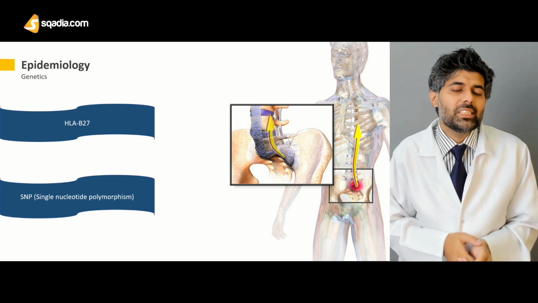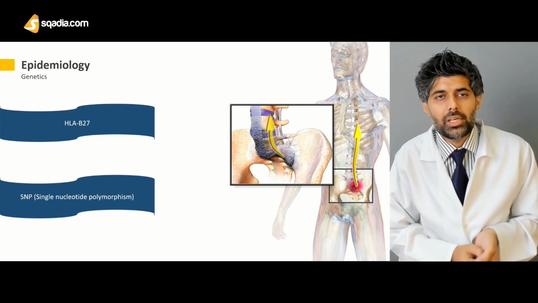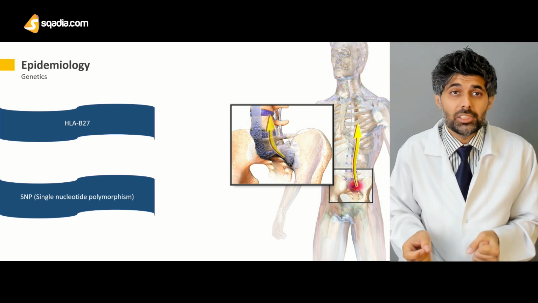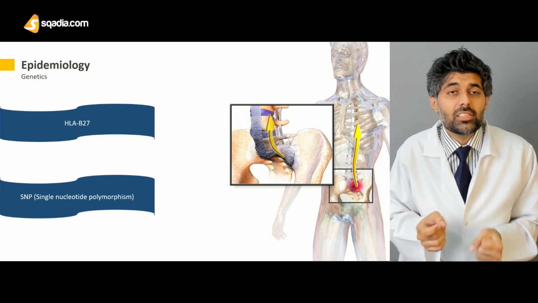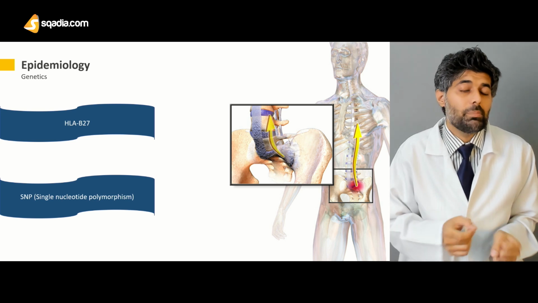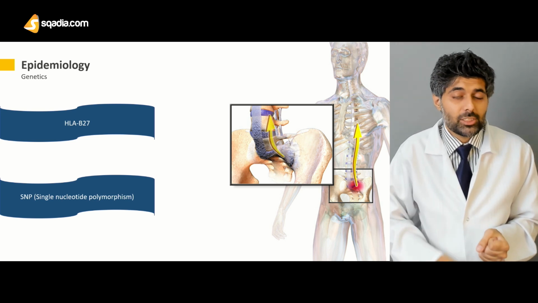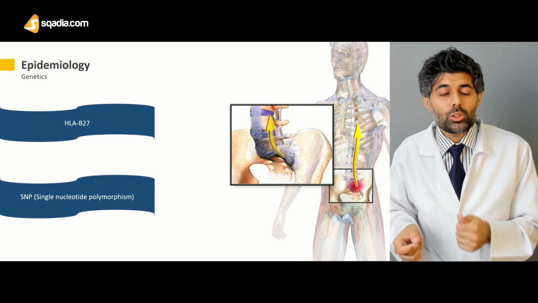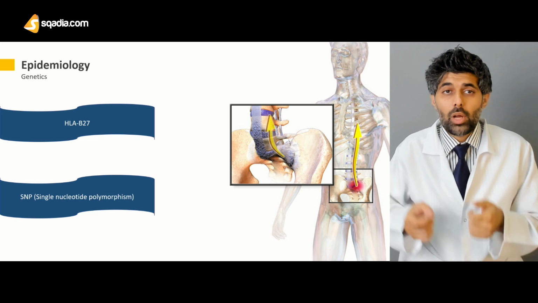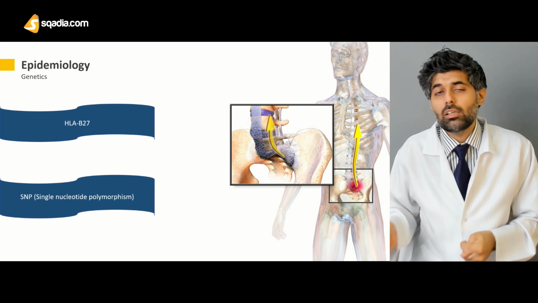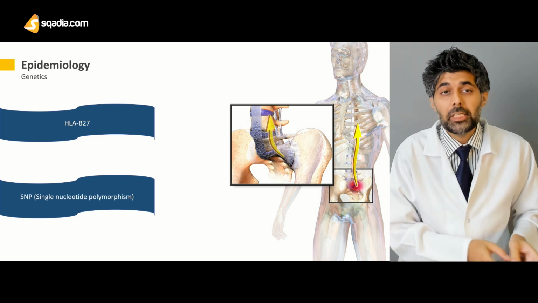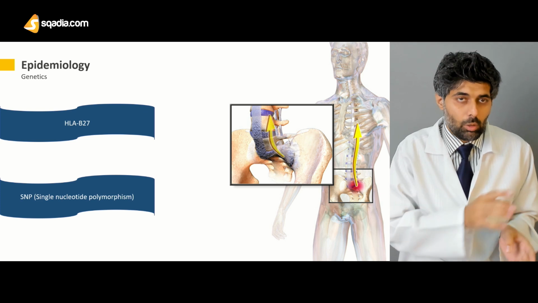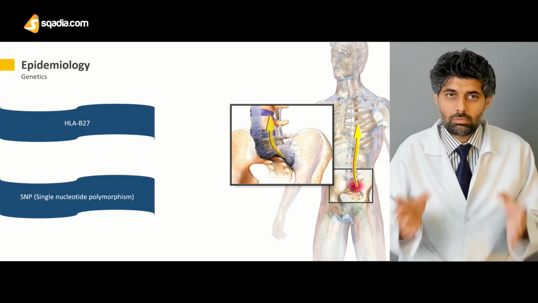Now, HLA-B27, through these genome-wide SNP studies, we know that it has more than 30 alleles. So that is the reason why HLA-B27 is expressed so frequently in the white male population, and also why it is so heavily associated with ankylosing spondylitis, because 90% of every patient of ankylosing spondylitis will have an HLA-B27.